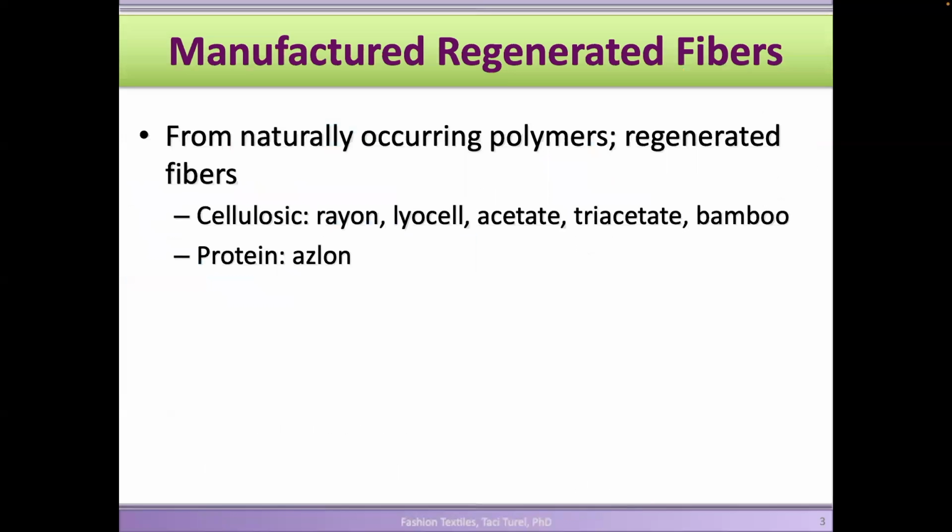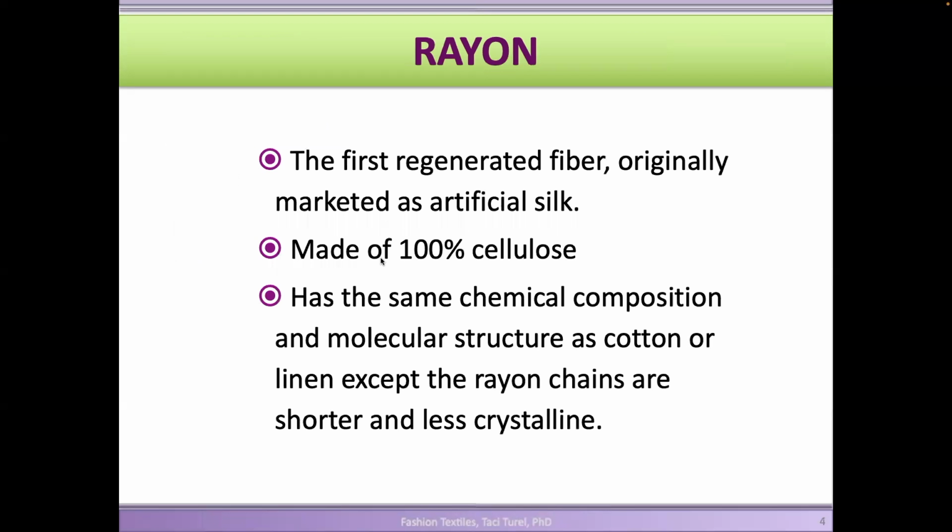Okay, so the cellulosic regenerated fibers use cellulose as their raw material. And rayon, lyocell, acetate, triacetate, bamboo, there's bamboo rayon, there's modal. So there are a couple different kinds. And Aslan is one of the protein based regenerated fibers. So it uses protein instead of cellulose as the raw material.